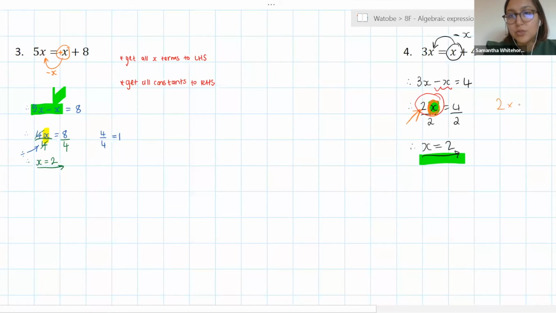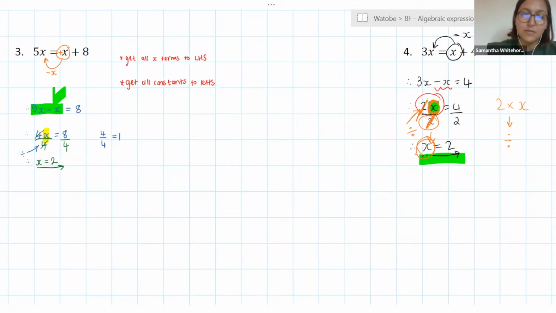Now it was 2 times x, which means the opposite operation is to divide. So what I'm doing with this 2 here is dividing by 2, because that essentially cancels that 2 away, and I'm just left with the x that I want. So I have to always divide away the coefficient to just get the variable. Does that make sense, Ntego?